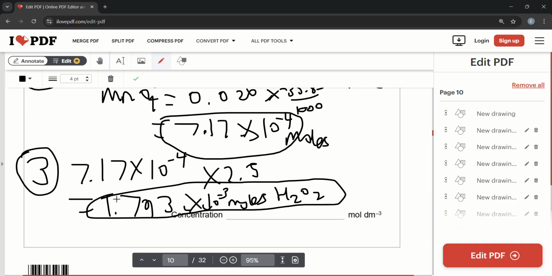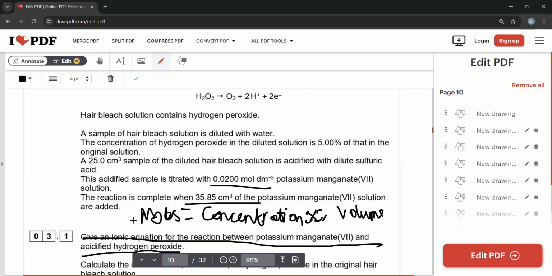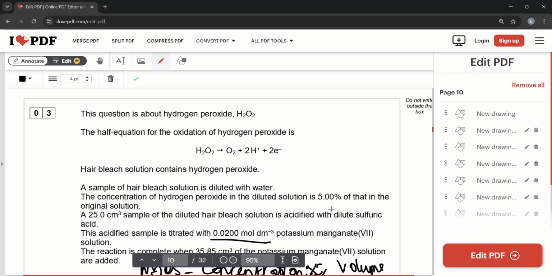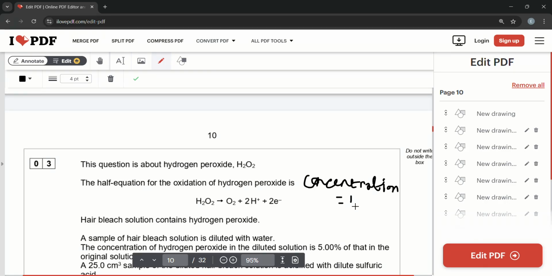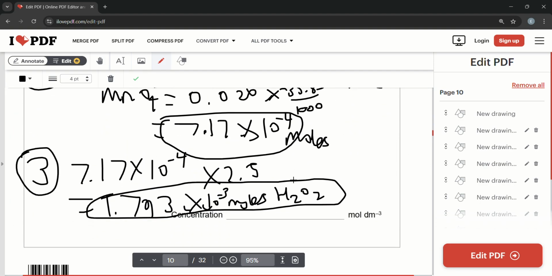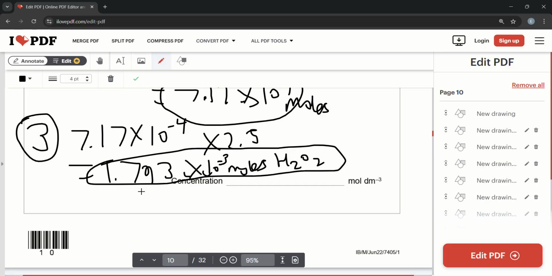Now we've got the moles of this, we can quite easily find out the concentration. We know moles equal concentration times volume, therefore concentration is equal to moles divided by volume. So it's going to be moles, which is 1.793 of hydrogen peroxide times 10 to the power minus 3, over the volume.